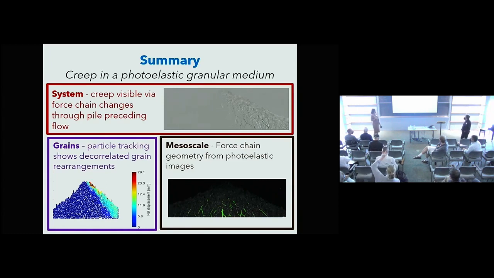Okay. My second question, if I may, very quickly. Sure. In the top right, I was very intrigued by your picture. I loved your talk. The evolution of your force chains, how some of them were getting stronger, some of them were getting weaker. Did you track whether that's a linear process? Is it linearly increasing and linearly decreasing, or is there some kind of ramp up and runaway process? You're right.